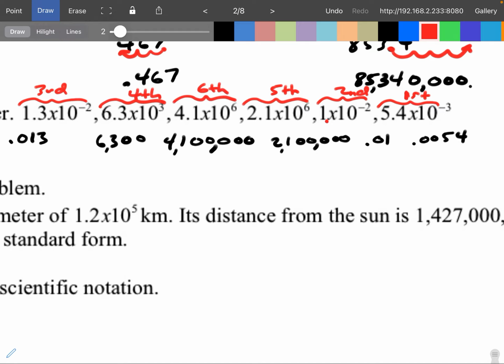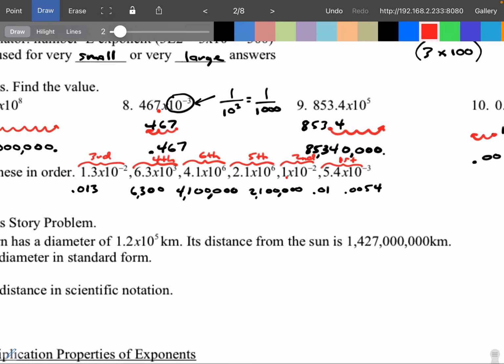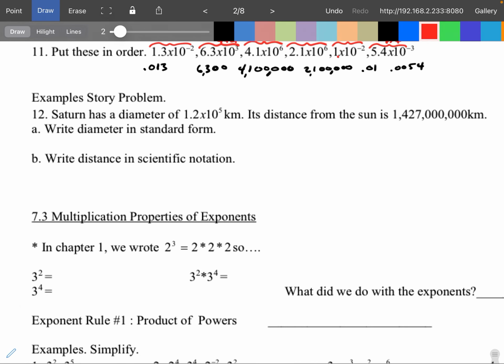All right. So let's see if we can do this. This is not a story problem. All we got to do is part A is we got to write the diameter in standard form. So we're just going to write this number right here. We got 1.2 times 10 to the 5th. We need to write that just as a regular number. So where do I move the decimal on this one, guys?